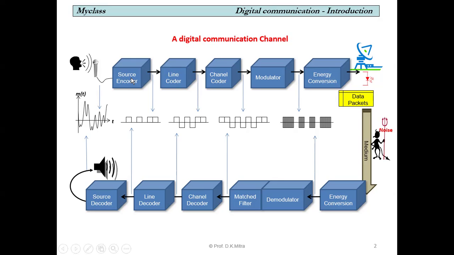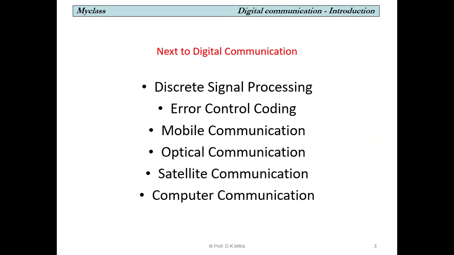Now, mind it, each of these boxes is a separate subject in the communication theories, and you have to learn them separately. Next, just for your note, after you learn the digital communication theories, the other things that will come for your communication engineering are discrete signal processing, which is called DSP.